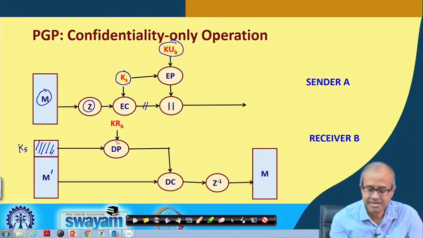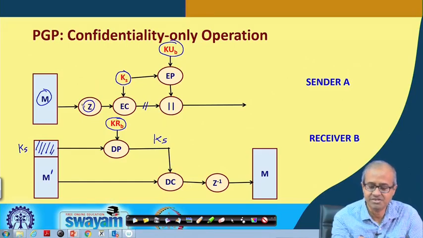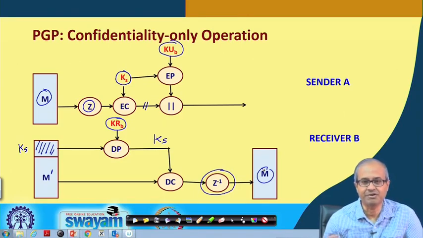So, here you do a decryption first using the private key of B, you get back KS. Now, using KS you can decrypt this M dash, and it was compressed in the beginning. So, you uncompress at the end, you get back M. This is how it works, right.